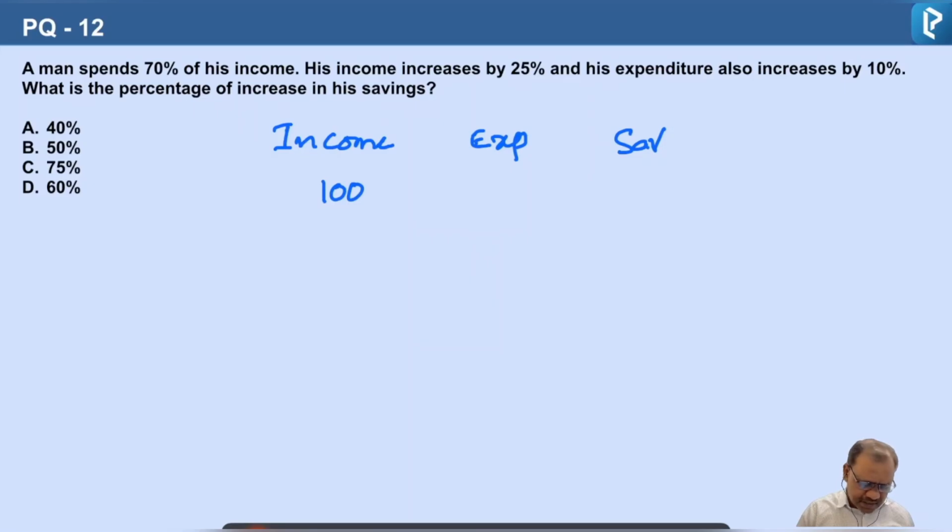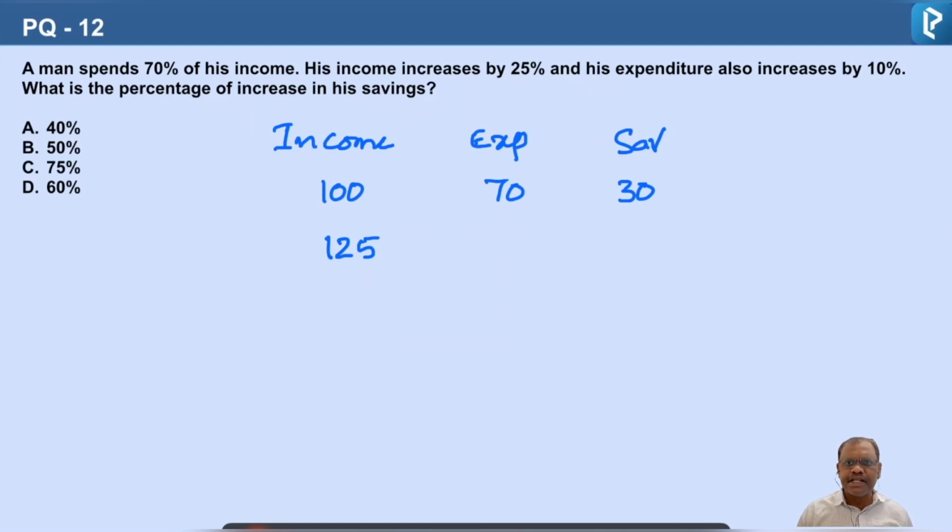Out of 100 rupees, 70 rupees he is spending. So the remaining is savings, that is 30. According to the question, income increases by 25%, so it becomes 125.